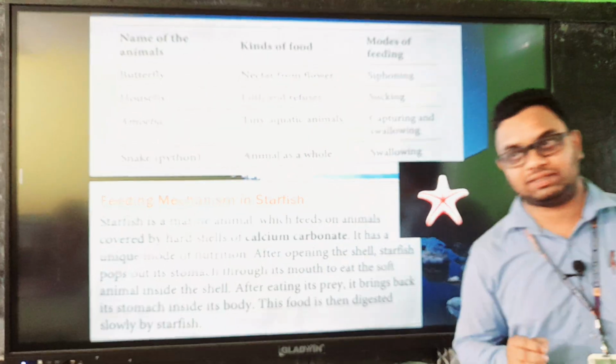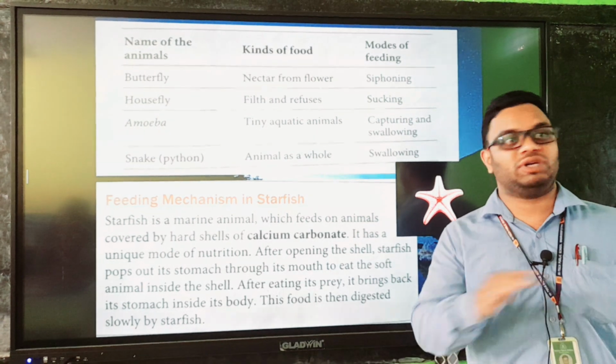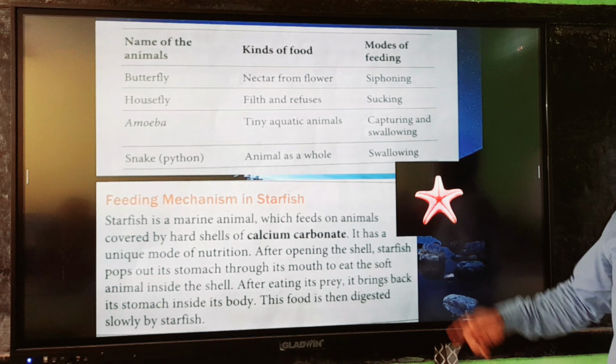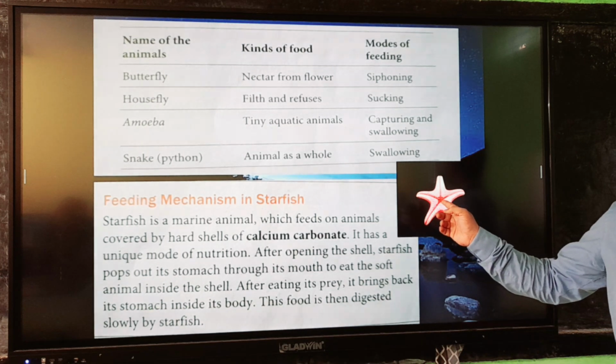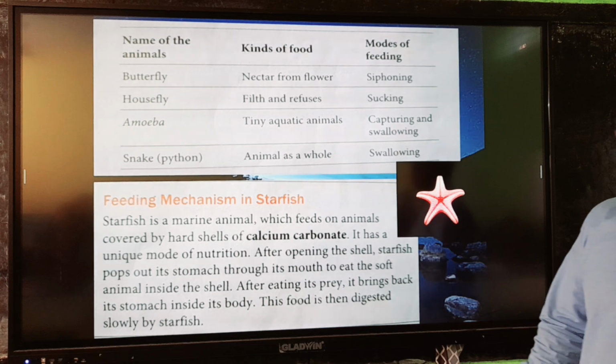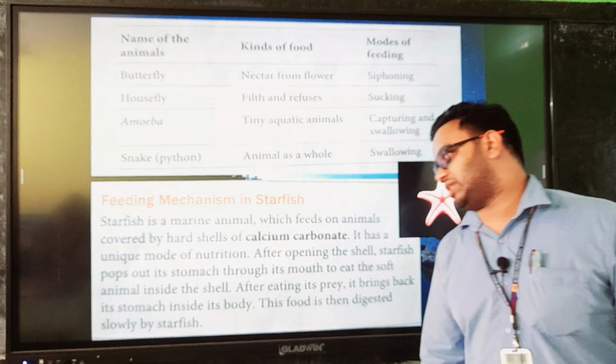You have seen tortoise? Tortoise is covered by hard shell. Like this, covered. Which one is covered by hard shell? That animal is going to be eaten by this. Which one? Starfish. And it has a unique mode of nutrition.